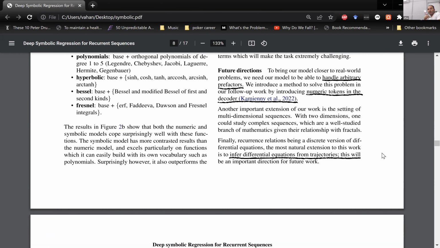The other one is making the recursion a discrete version of differential equations, so discretizing differential equations. They are trying to find another application. Differential equations are always useful for finding trajectories. I'm not entirely sure how this relates, but maybe, just a discrete version.